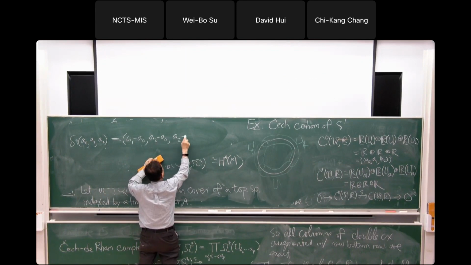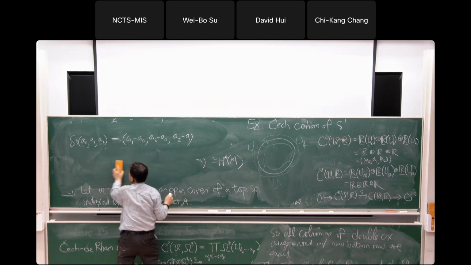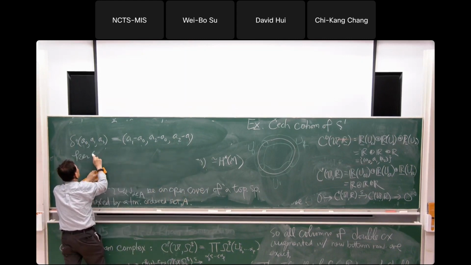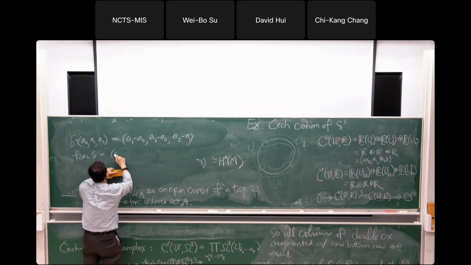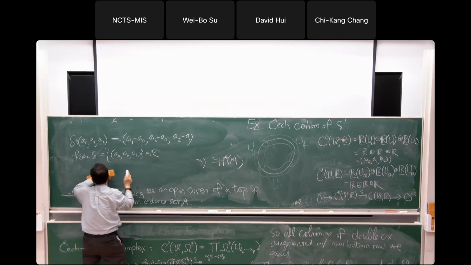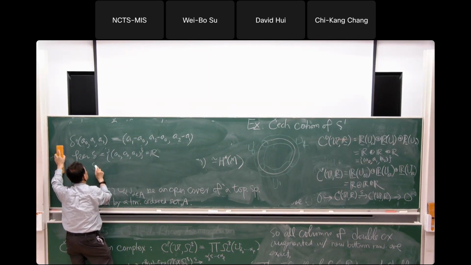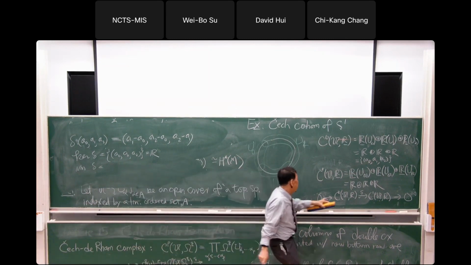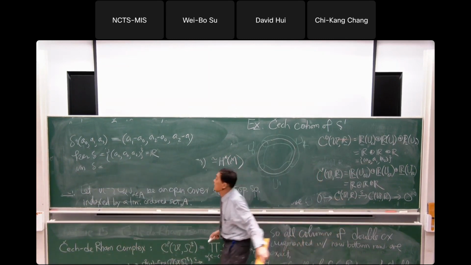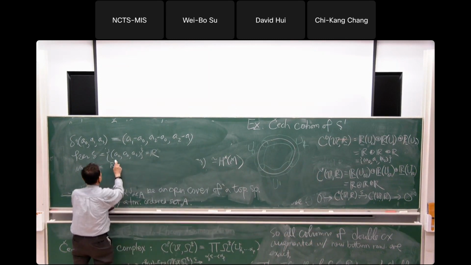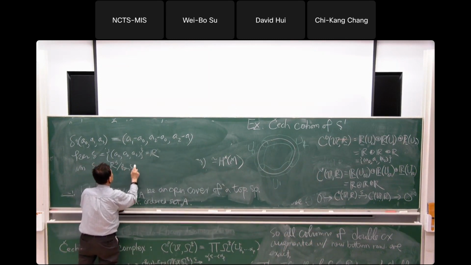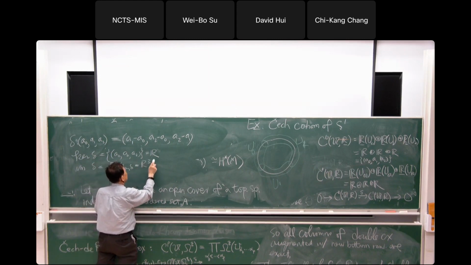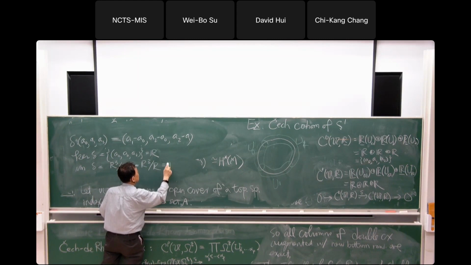And the last one is A2 minus A1. That's delta. And that means the kernel of delta would be when all the numbers are equal, which is R. And the image of delta would be R3 over the kernel of delta, and that is R3 over R, so that's R2.